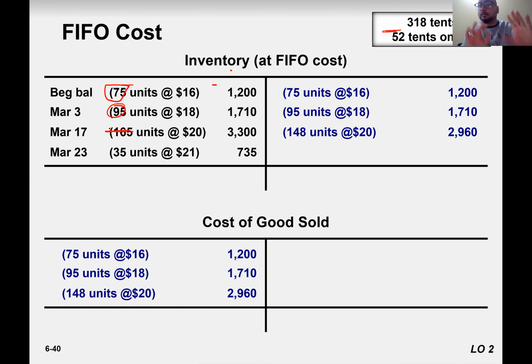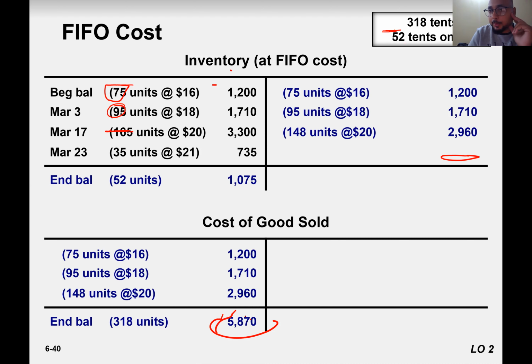So the total cost, you add it, is going to be 570. Among 165, 148 we sold, so 35 plus the rest of them is going to be our ending inventory. So our ending inventory is going to be 1075, right?